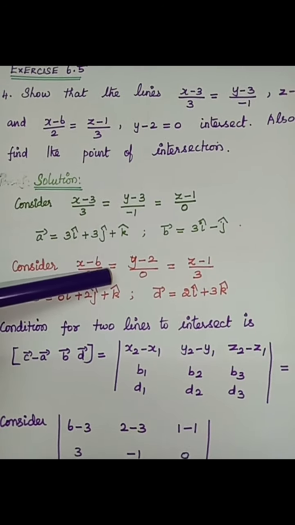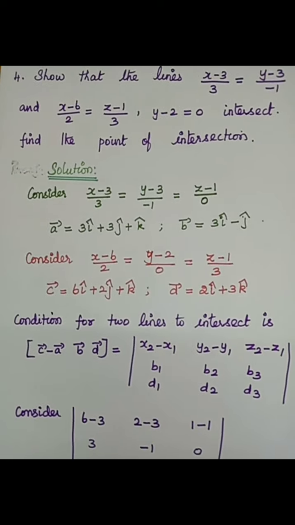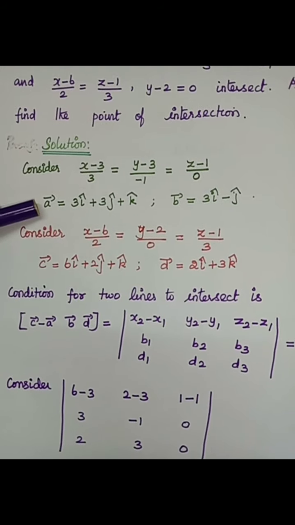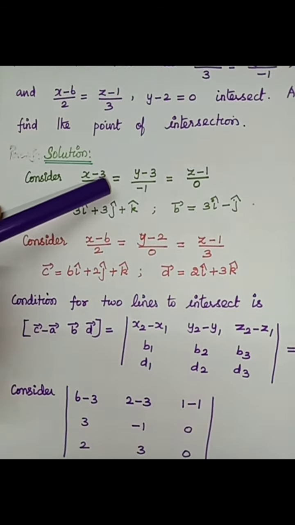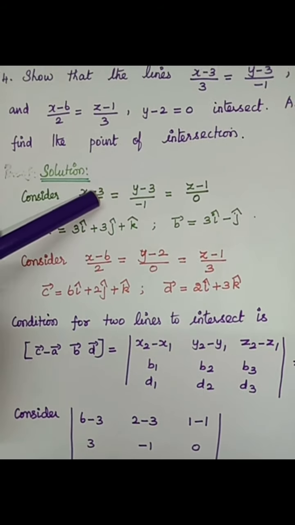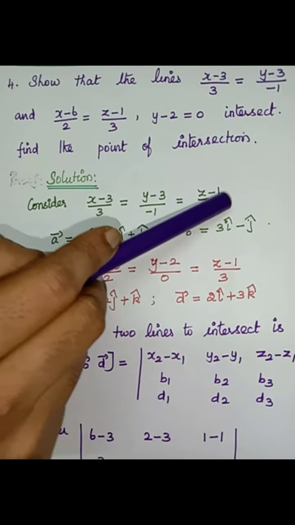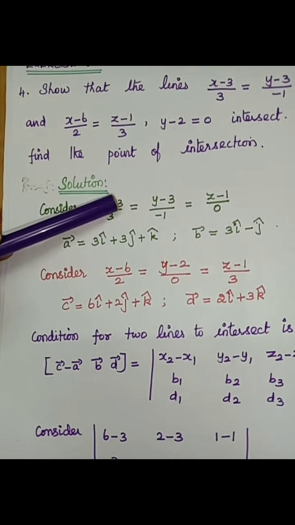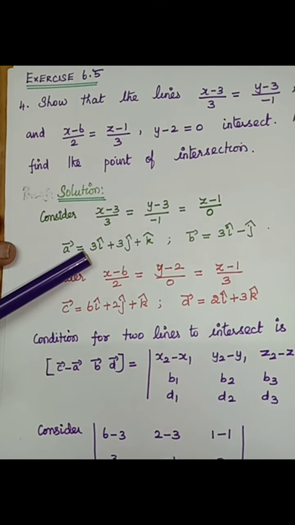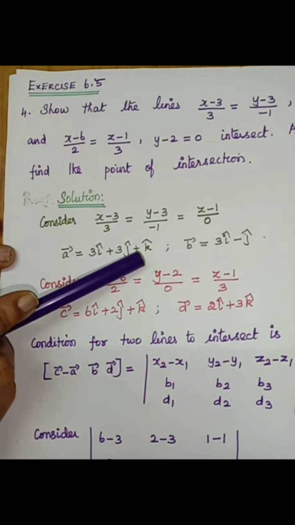From these two lines you have to take the A vector, B vector, C vector and D vector. The A vector has to be taken from the numerator. How should the line form be in the numerator? x minus x1, y minus y1, z minus z1. So therefore the point is 3, 3 and 1, so the vector is 3i cap plus 3j cap plus k cap.